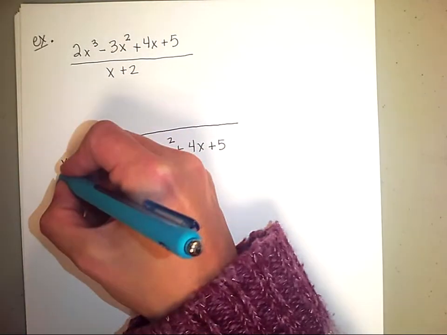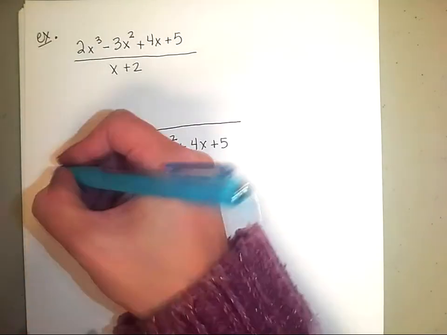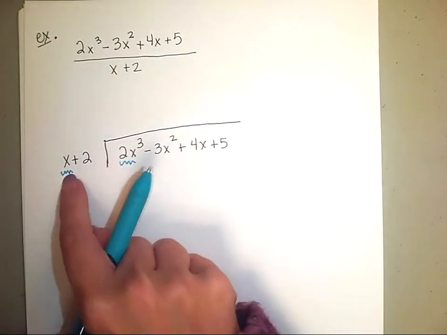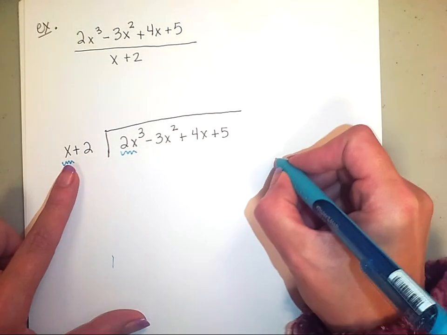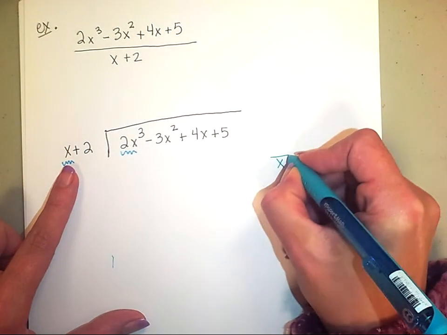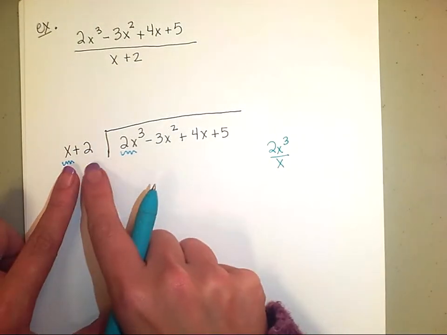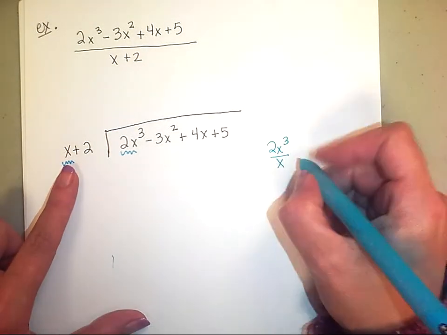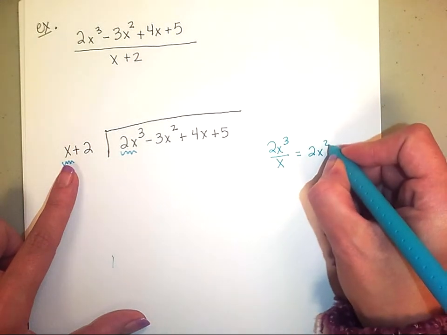We're going to look at not the entire polynomial, but just the first part. These are the dominant terms. So then what we ask ourselves is how many times does x go into 2x cubed? Well, we can reduce this. This reduces to 2x squared.